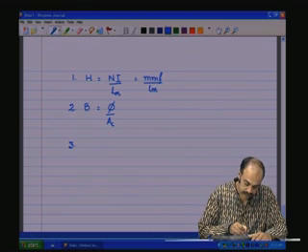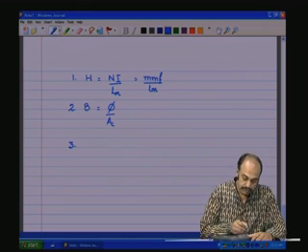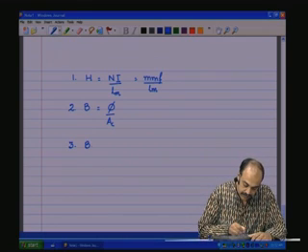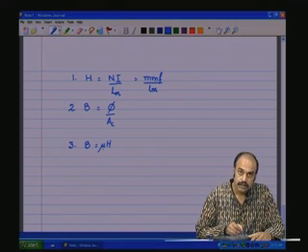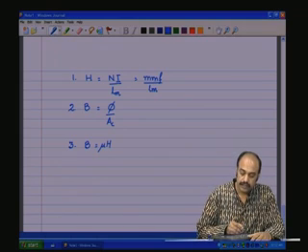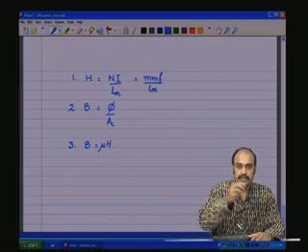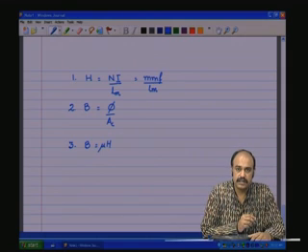Then third, the relationship between B and H in the linear region: B is equal to mu H in the linear region. Mu is a constant. However, in a practical core, mu is not constant, as we saw that it exhibits hysteresis. The BH curve exhibits hysteresis.